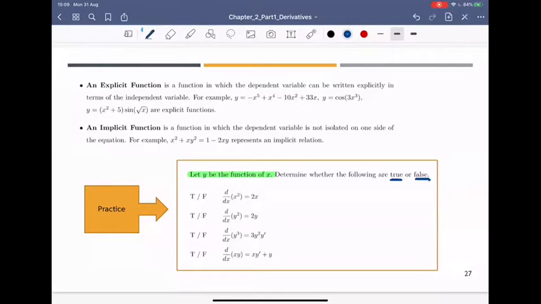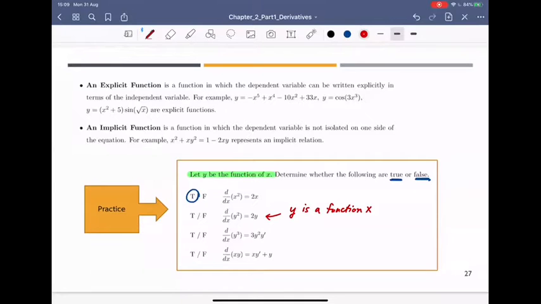For sure, yes, right? Because we have the formula, and if you differentiate x to the n, you get n x to the n minus 1. Well, what if I differentiate y squared with respect to x? You have to be careful here because y is a function of x.